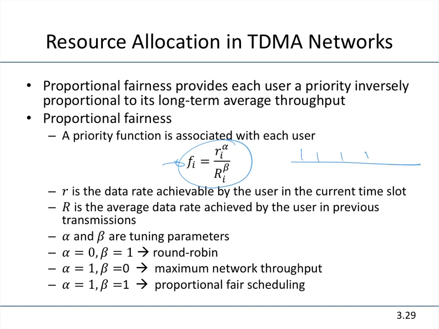In each time slot, each user has an instantaneous rate Ri. By instantaneous rate here, I mean if you have a particular channel state information, I can estimate the signal to noise ratio, and then I can estimate the achievable rate for this time slot. This is the instantaneous rate. Clear?